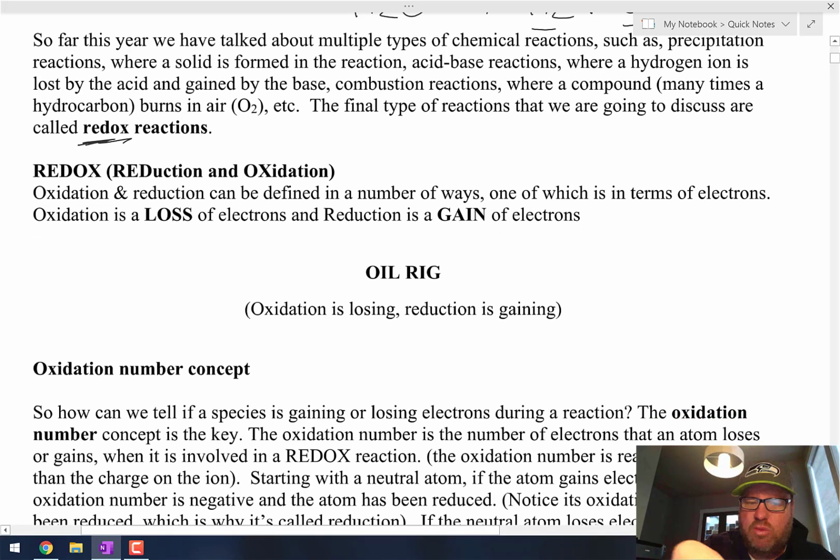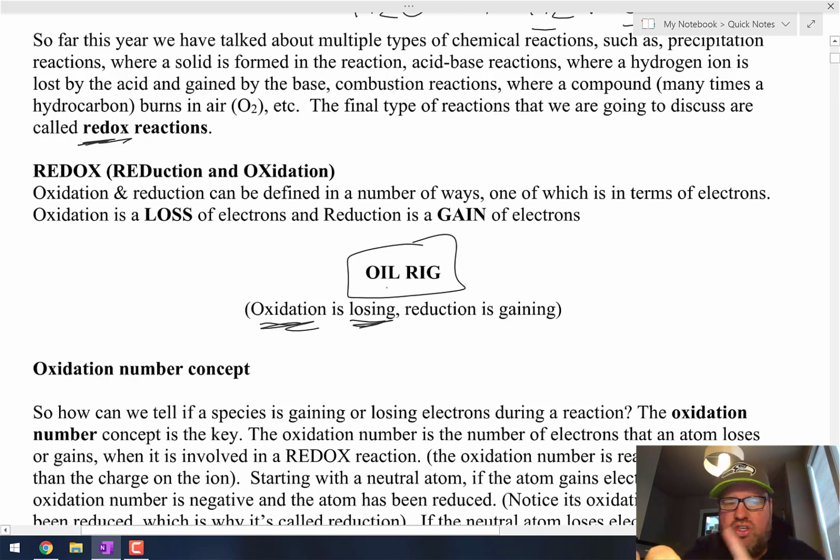And that's where this term OIL RIG comes in. The concept of losing an electron is oxidation. So oxidation is losing electrons, and reduction is gaining. So if you gain electrons, it's being reduced, and if you're losing electrons, it's being oxidized.